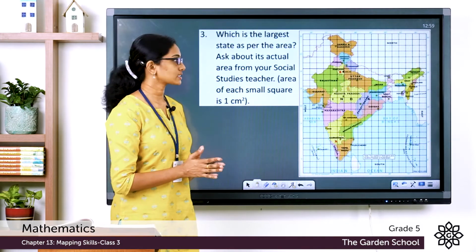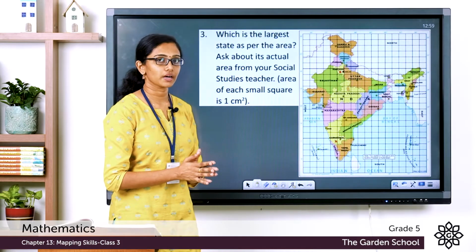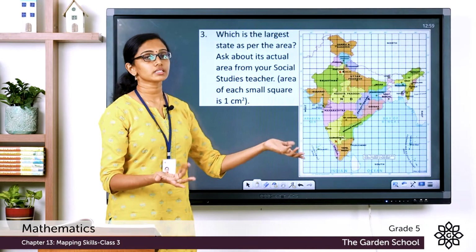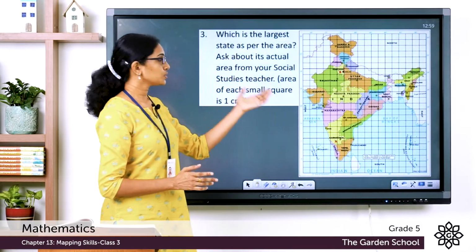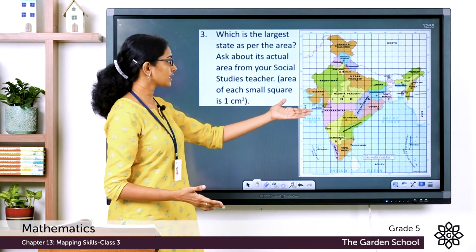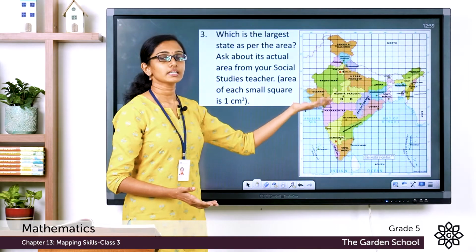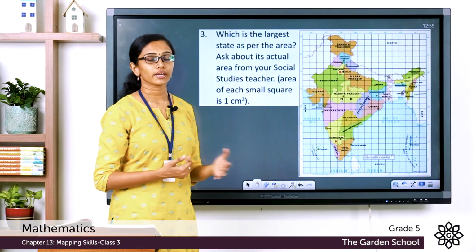If that is the case, we have already learned how to find out the area of a figure using a square grid. And you are asked to find out which is the state having the largest area when you calculate the area in terms of these squares.